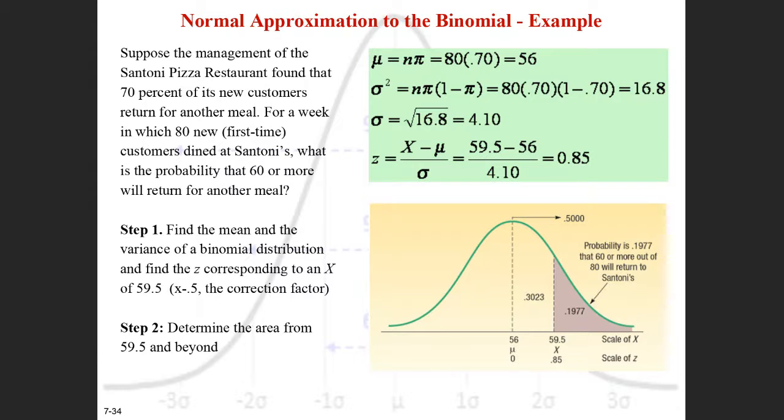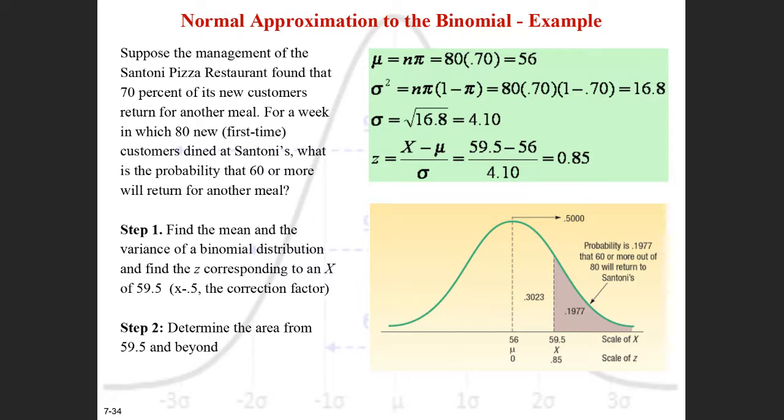So step 1, find the mean and the variance of a binomial distribution and find the z-score corresponding to an x of 59.5. X minus 0.5 is the correction factor. And step 2, determine the area from 59.5 and beyond.